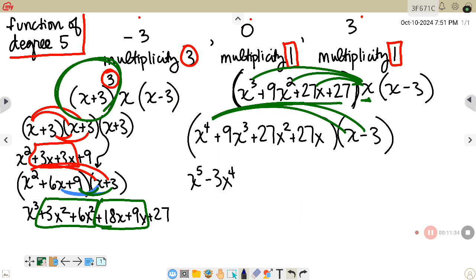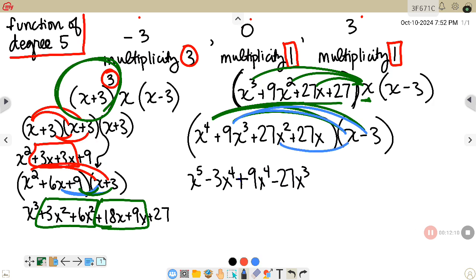Now, moving on to the next one, which is the 9x cubed to both of those. So 9x cubed times x gives me plus 9x to the fourth. 9x cubed times negative 3 gives me negative 27x to the third. So now I'm done with the 9x to the third. I'll move to the next, which is the 27x squared times both of those.